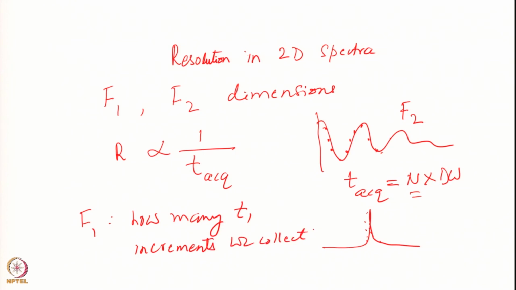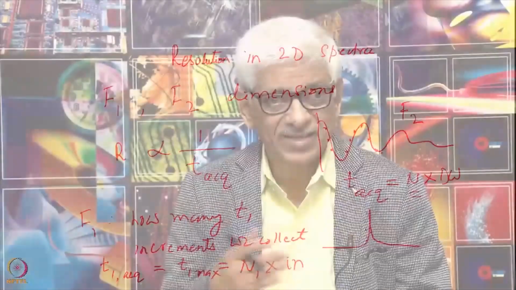Acquisition time along the T1 dimension will be, let us say, T1 acquisition is equal to T1 max, equal to n1 times the increment. Let me call this increment In. This is the same as the dw, except that these are collected one by one, systematically, and that many FIDs are collected.